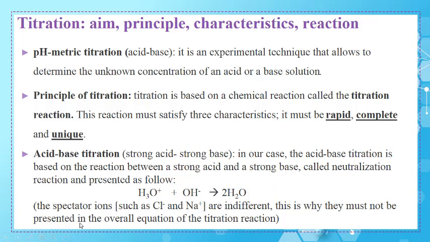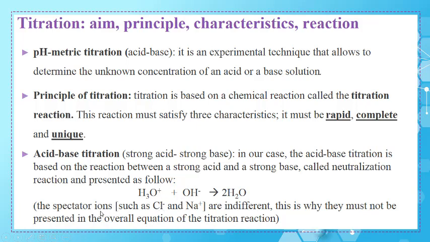One more thing to add: in this lesson we will talk about something called spectator ions. They are also called indifferent ions. Why? Because the acid here, for example, is HCl. We don't put H3O+ in a beaker, we put HCl. So the Cl- that is split from H3O+ will stay in the beaker, but it doesn't interfere in the reaction.